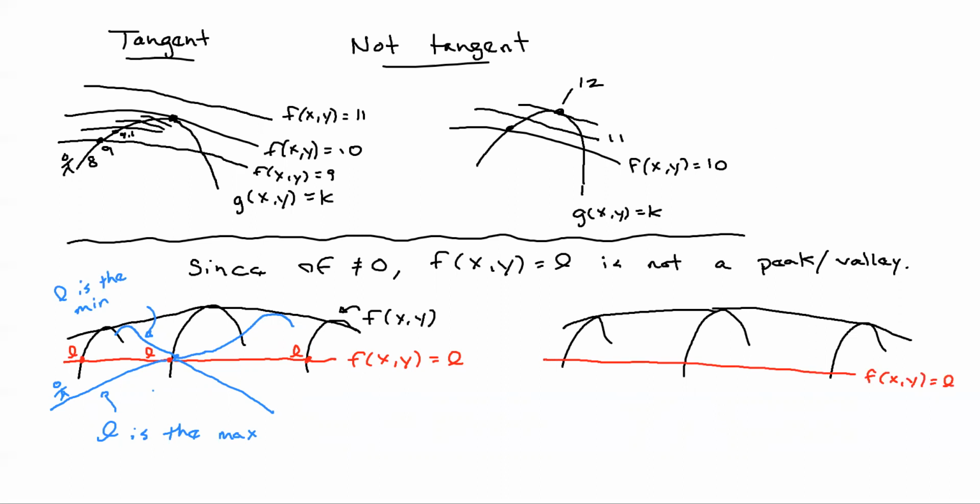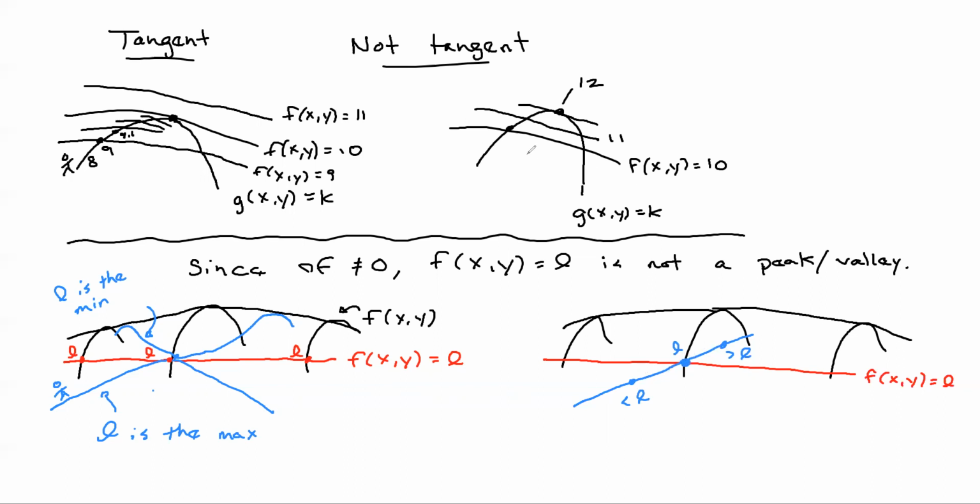And now if they're not tangent, what happens to curve G? If they're not tangent, you're going up the hill, you pass right through. Could this point be a maximum? No, it couldn't. You walked right through it. On one side of here, you're below L. You're less than L. Here, you're greater than L. So when you hit a height of L, that height is of no consequence. Clearly, that couldn't be the maximum point that you hit.